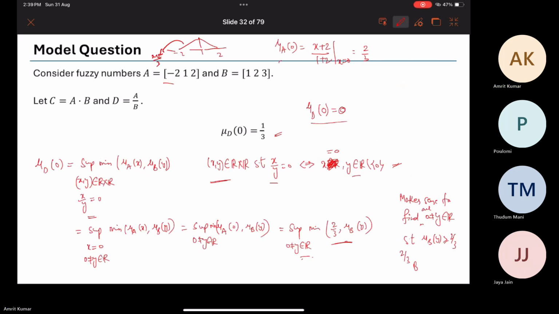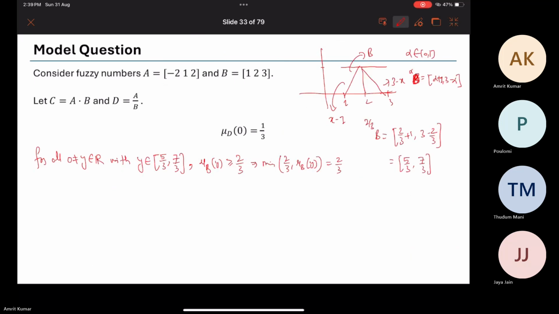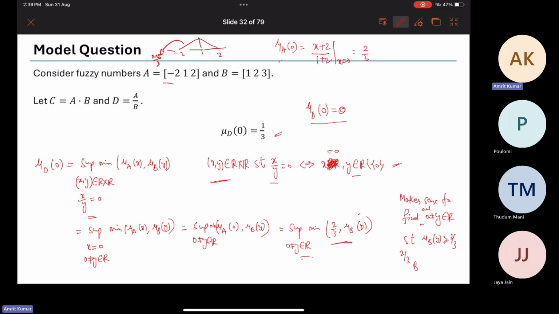Okay. Now, this is the supremum we need to find.